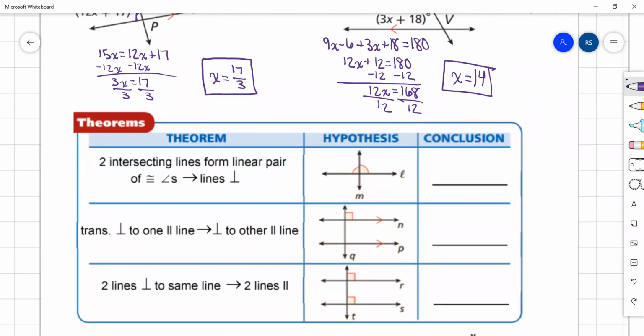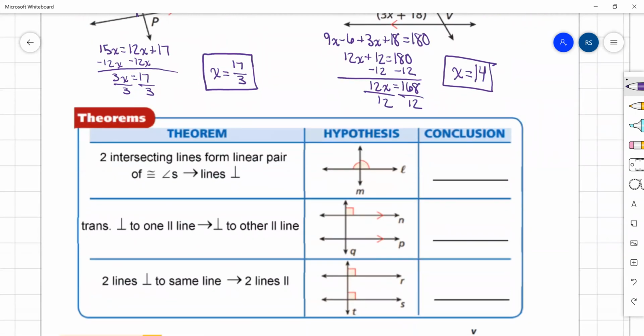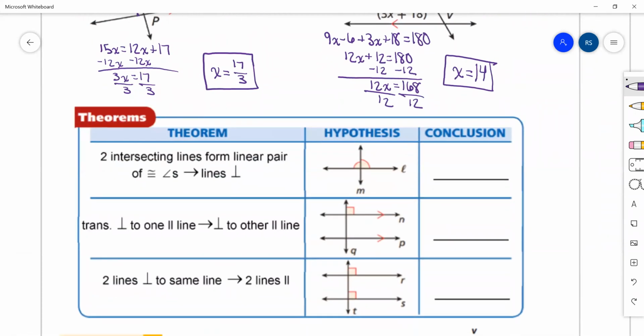Okay. So now let's switch gears for a second. Now we're going to look at perpendicular lines. So two intersecting lines form a linear pair of congruent angles. If two intersecting lines form a linear pair of congruent angles, then the lines are, this means perpendicular.